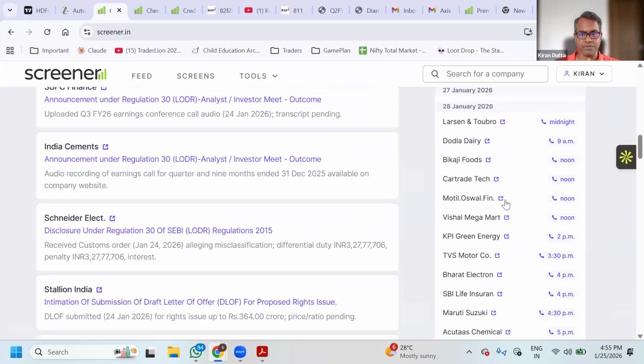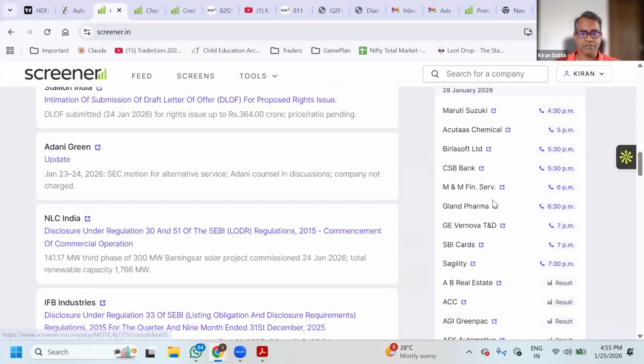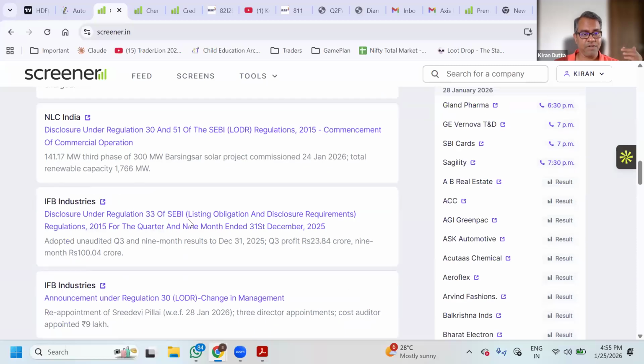TVS Motor is coming up, Motilal. So do this exercise every day and then put it in the group, right? Which are some of the companies which have given stellar returns, etc. And then I will tell you whether you can take an entry there, is it good to go, etc. or not. We will do this as an exercise, so that you use these earning calls as an exercise to learn stuff. Okay, guys, perfect.